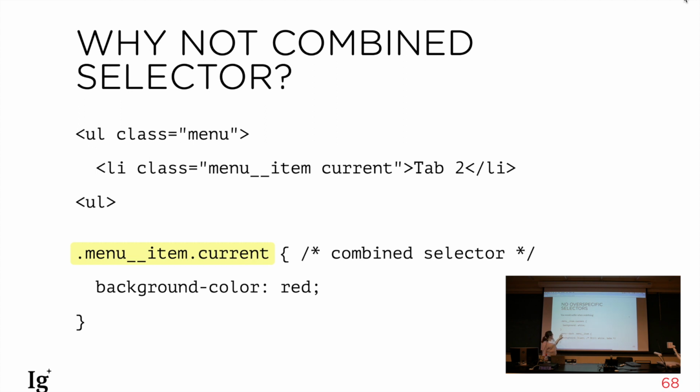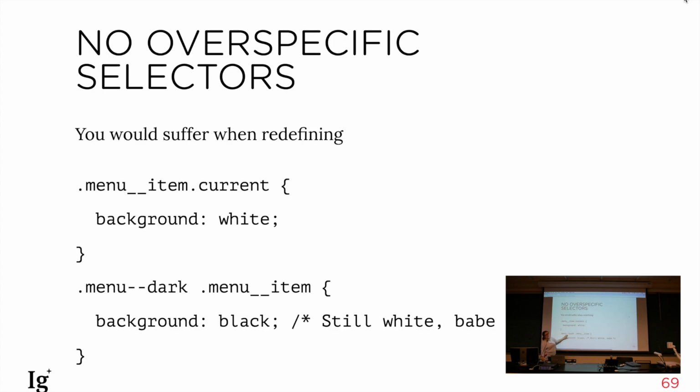Like you cannot provide modifier for a block and override the element, because this will be more specific than this one. And you cannot say like, okay, I make exception one time, I write this because it's shorter, because exception by exception the code will turn into mess.